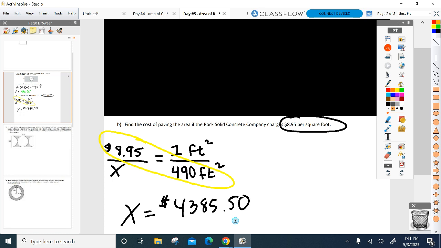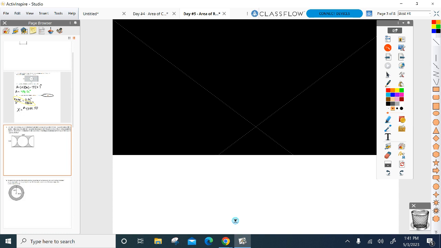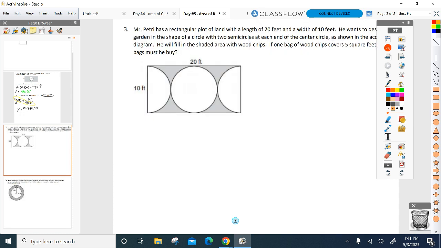Last thing, we got to have a life conversation. When you look at number 3, we're not doing this. You'll do it later on in class. It is asking you, how many bags of wood chips do I need to buy? Now, you're going to do a bunch of calculations, and at the end, you're going to have this long decimal on your calculator.